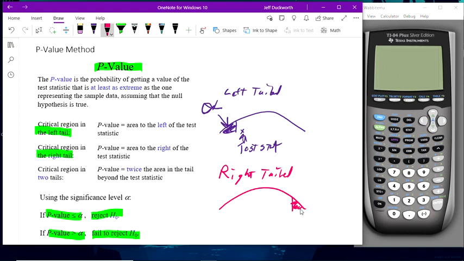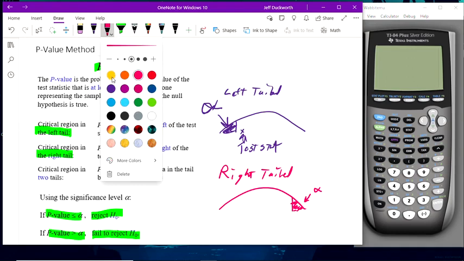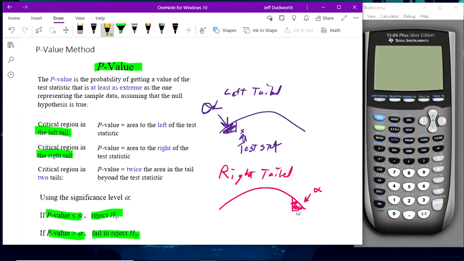So in this case, our entire level of alpha is on the right side, and the p-value is the distance from the test statistic. So say this is the test stat here. Then the p-value would be the orange region there, which is smaller than our level of alpha, which would mean we would reject.